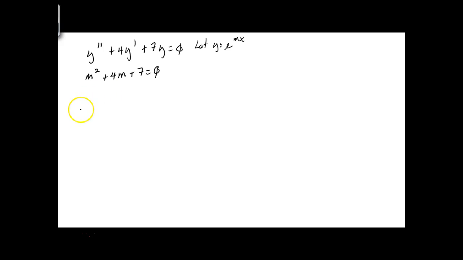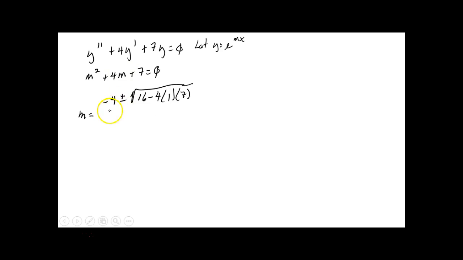How does that go? m is equal to minus 4 plus or minus the square root of 16 minus 4 times 1 times 7, I'm sorry. 7, yeah. And all over 2.